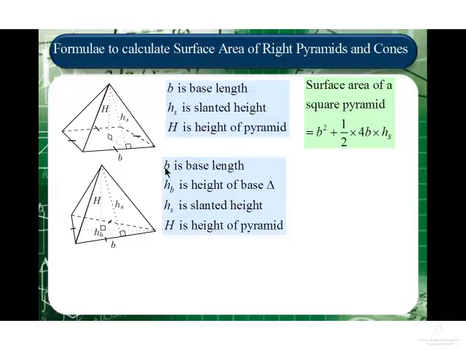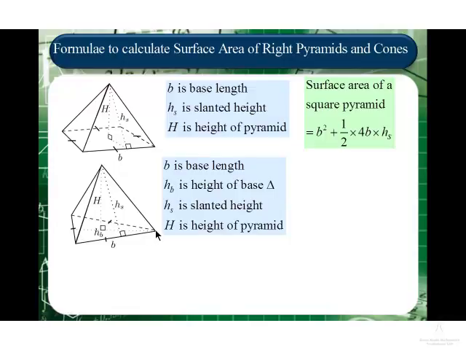We have that the base length is b, that is the sides of the triangle, each one of them is b, for example, and h sub b is the height of the base for this pyramid, the triangular base. That is the distance between the midpoint of one of the sides and the vertex opposite to that side. So you can choose any one of the sides as your base.